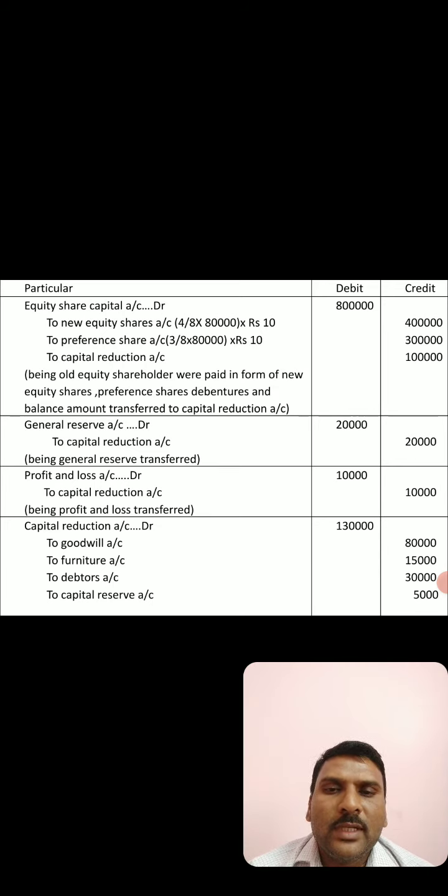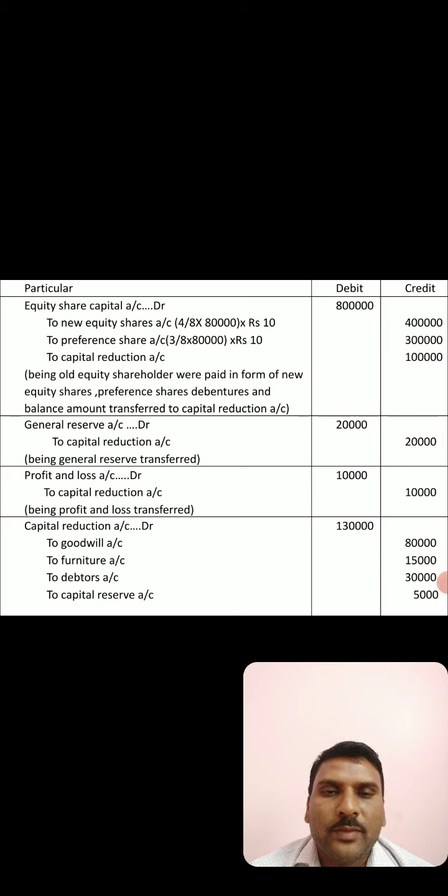Now after collecting all amounts, from the total capital reduction amount we have to write off goodwill 80,000, furniture 15,000, debtors 30,000. After paying all these losses there is a balance of rupees 5,000, and such balance is transferred to capital reserve account. So this is the 5 marks question about internal reconstruction.